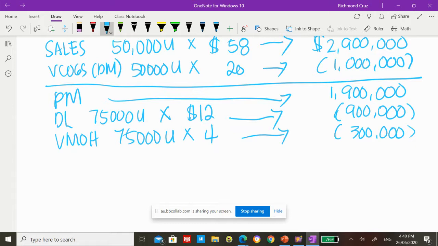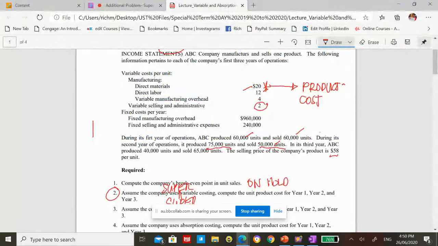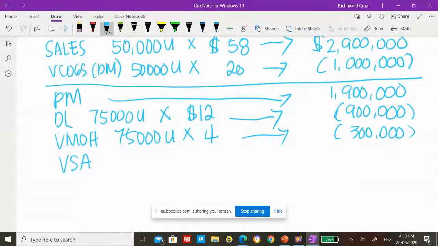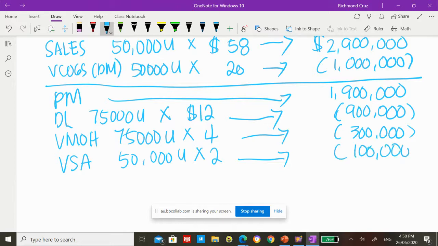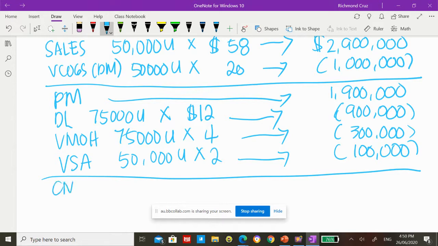And also, don't forget the variable selling and admin expense. But the variable selling and admin expense is based on the units sold, and that is 50,000 units multiplied by 2, and that is 100,000. So this is our contribution margin.